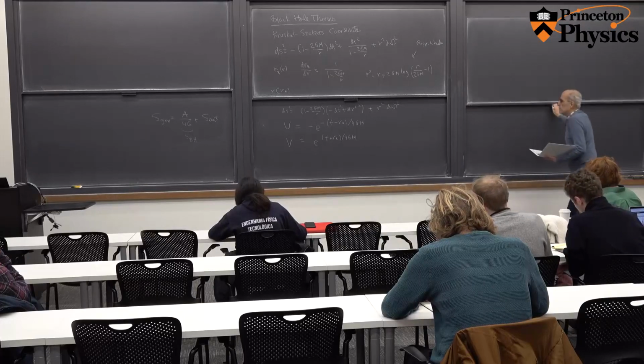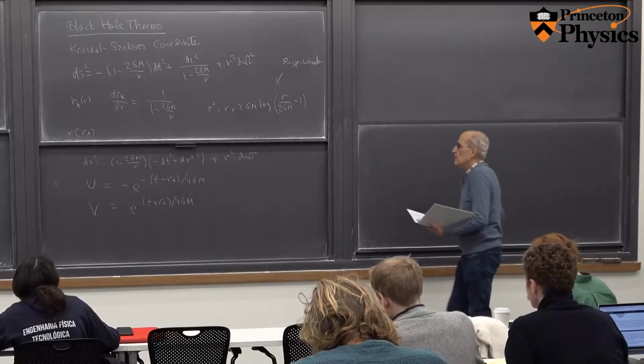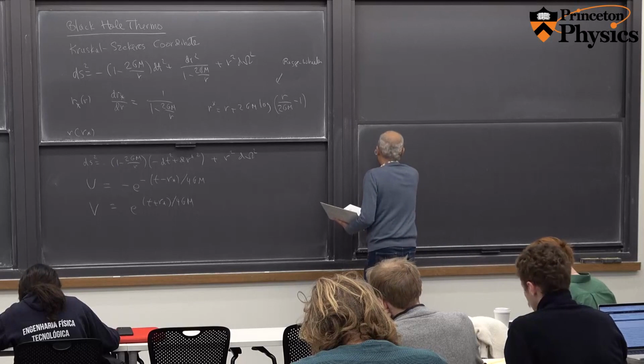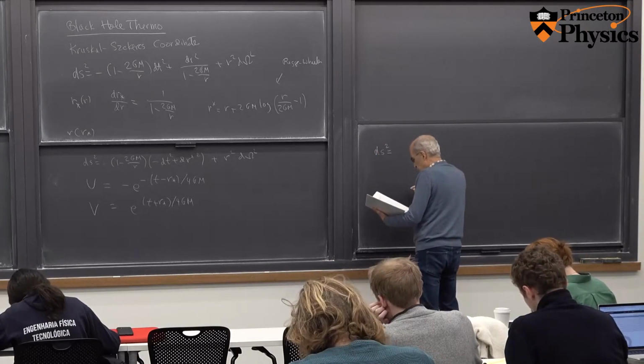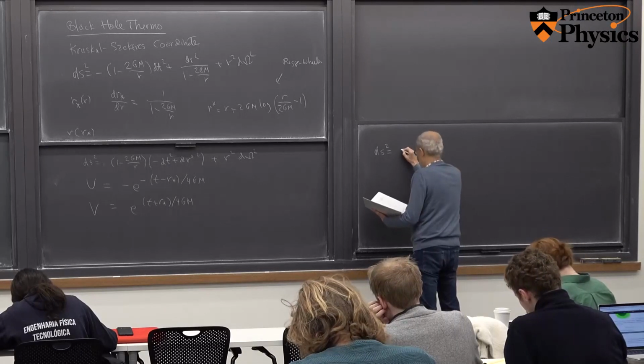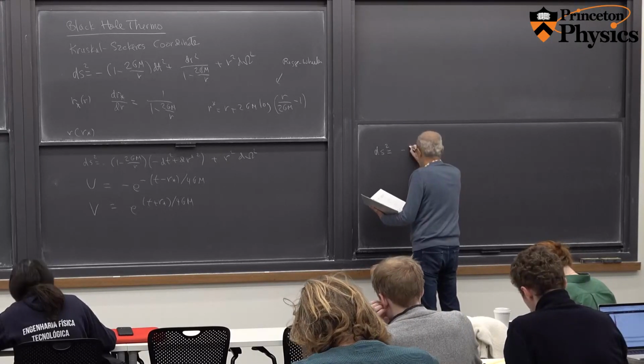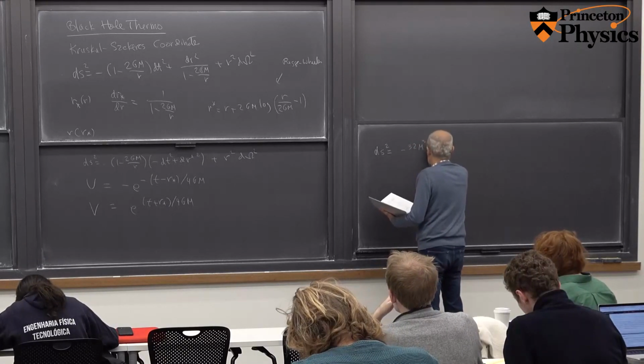And when you do that, you get the famous Kruskal-Szekeres form of the metric, in which you can see beyond the horizon.